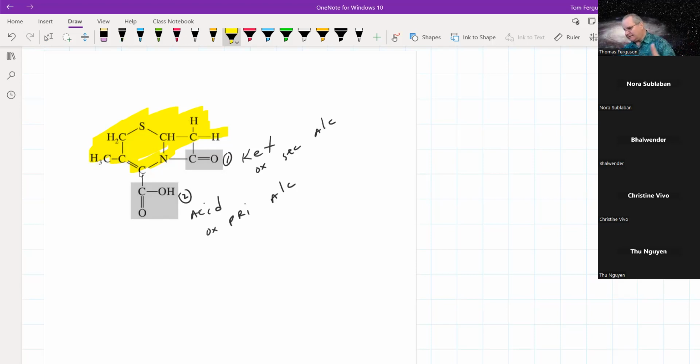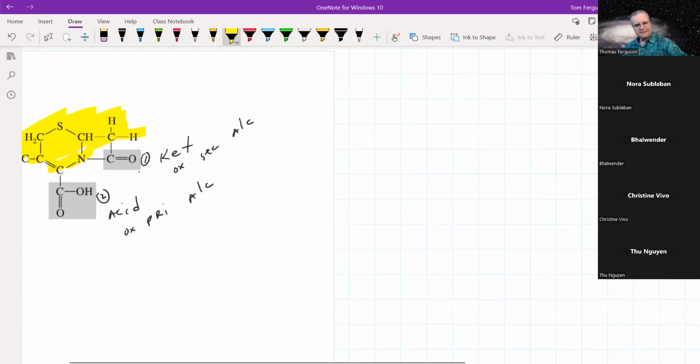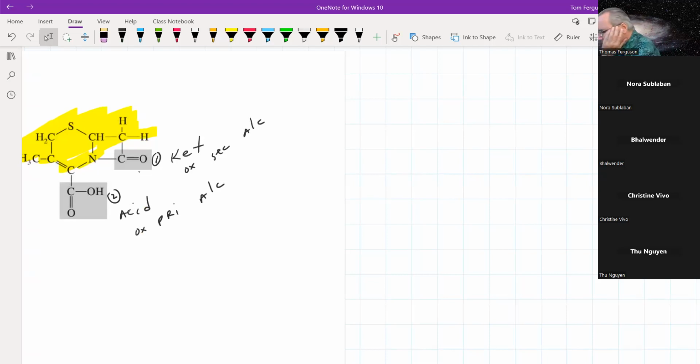It's just going to be tagged along. Okay, so let's do the first one here. Let's just draw the yellow structure first. There's that, that, and this goes like.